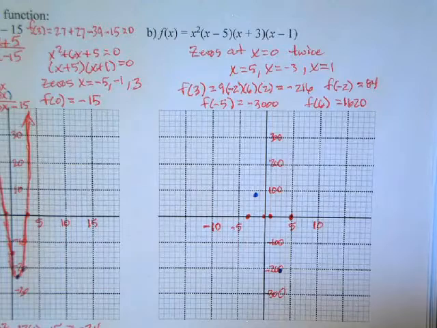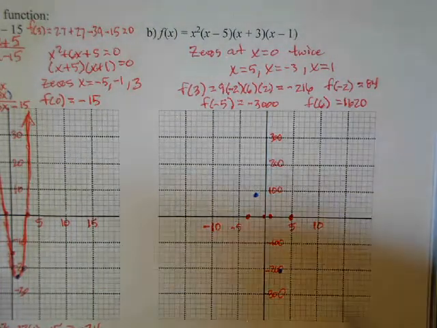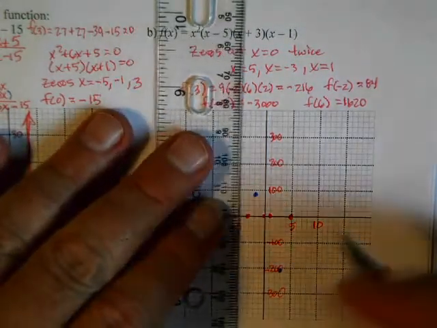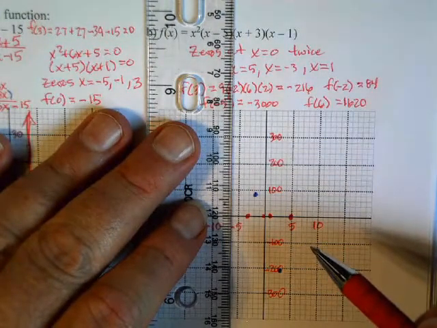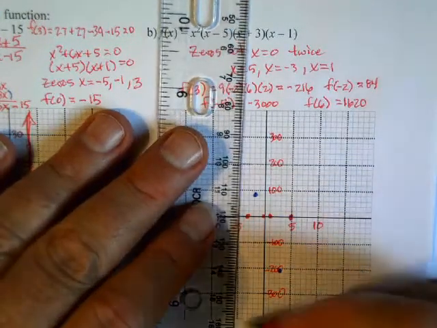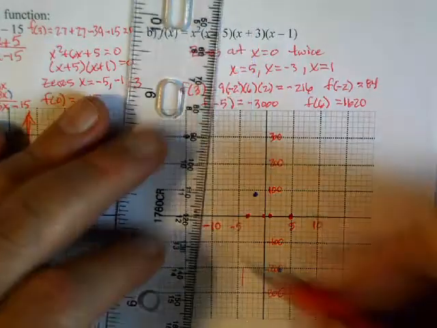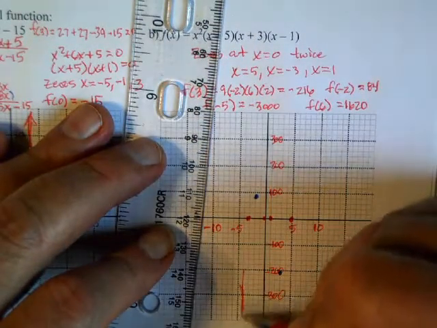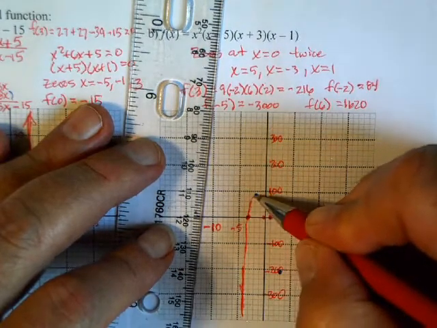So basically this one, it's going to be like something like this. It's really going to get steep. And then it has to come around through here. At least the relative maximum has to be close to here.